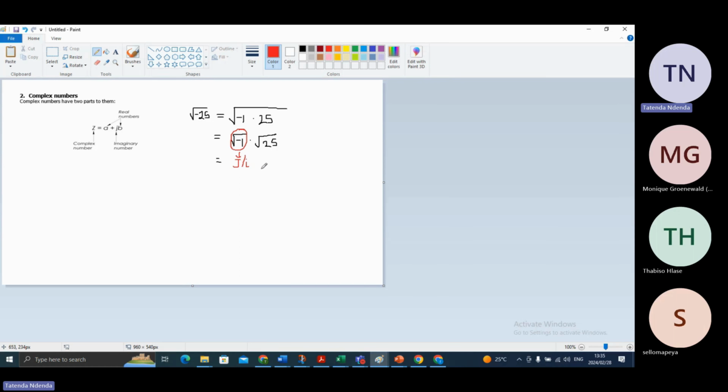So it's always J, or sometimes you can use I. Okay, so we know that on your calculator, if you punch root of 25, you're going to get 5. So now when you combine the two, you're going to have J5 or I5, right?